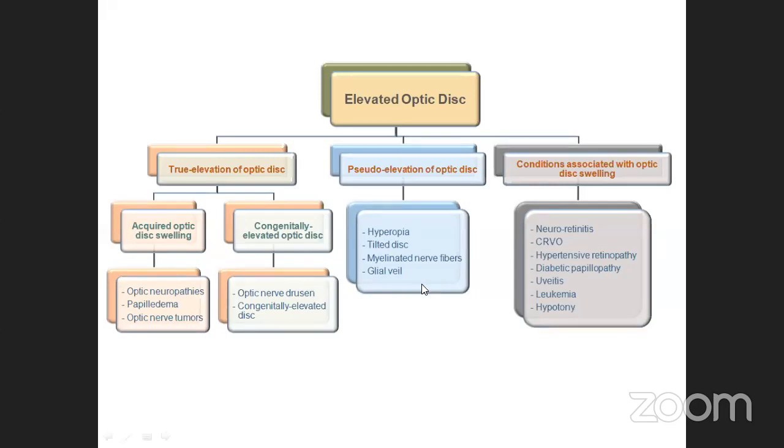So this is not a true disc swelling. Conditions associated with optic disc swelling are diseases of the retina and or choroid associated with optic disc swelling. So this is not an optic neuropathy, and this is easy to diagnose as the main pathology is seen in the fundus.